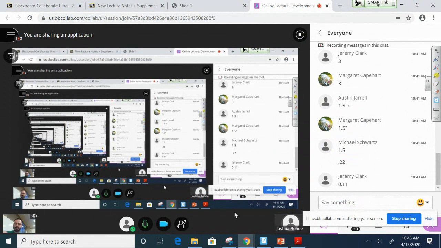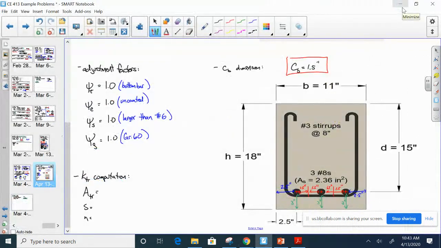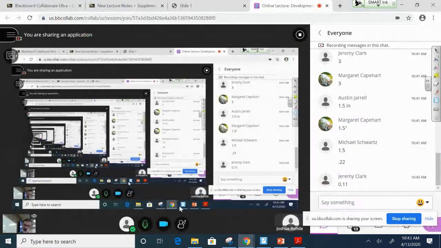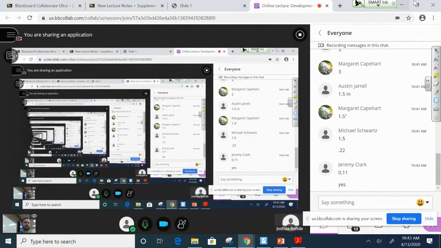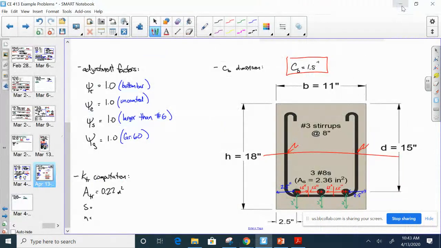But remember, for a U-shaped stirrup, there's 2 bars. So you cut a line this way, and you ask yourself how many bars you go through, and you go through 1, 2. So this is going to be 0.22 square inches. That makes sense? Cool. All right.